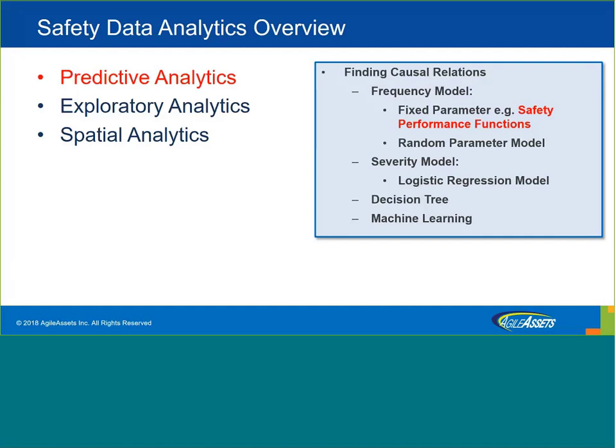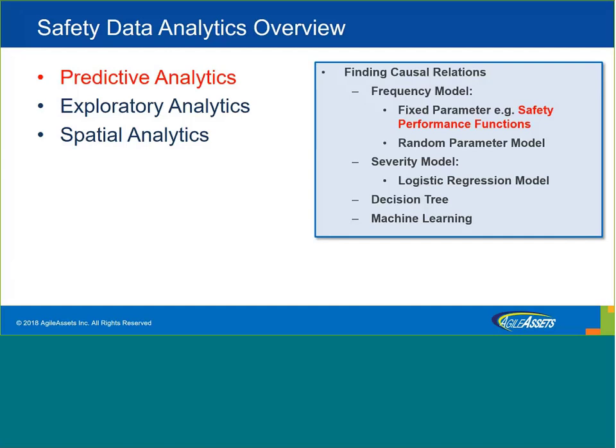If you have a random parameter model, then the variables have different sets of parameters, and it actually varies by regions. So it considers those regional aspects and any other unobserved heterogeneity, as we call it in statistical terms, that can be captured in the random parameter model.